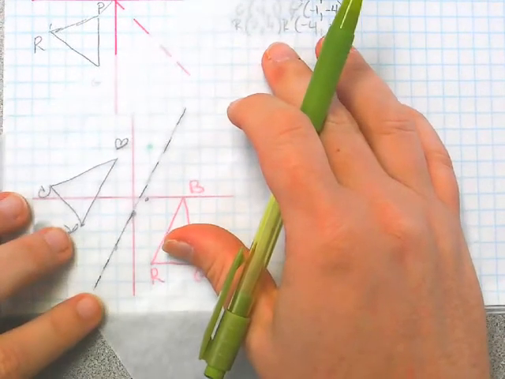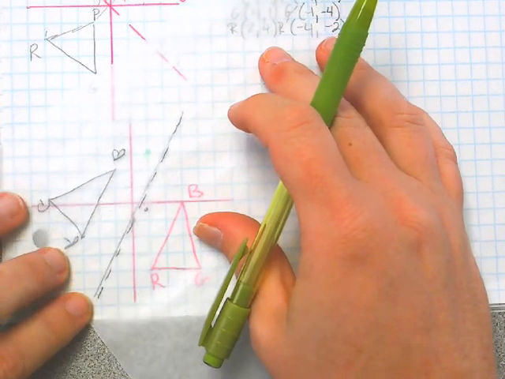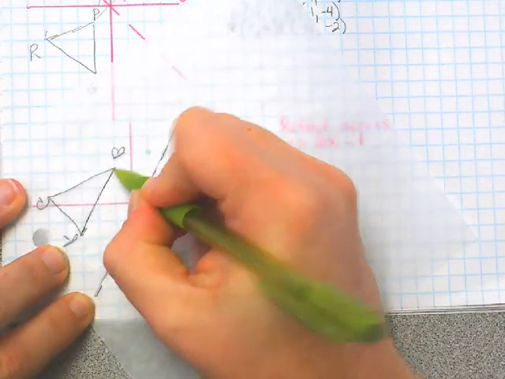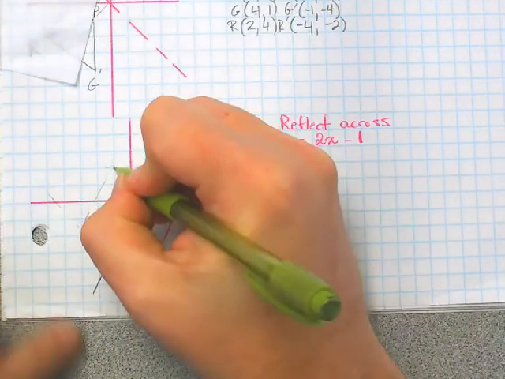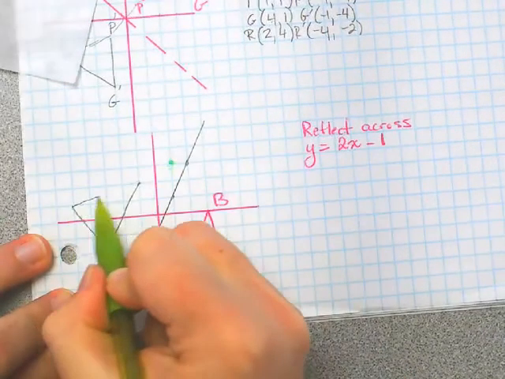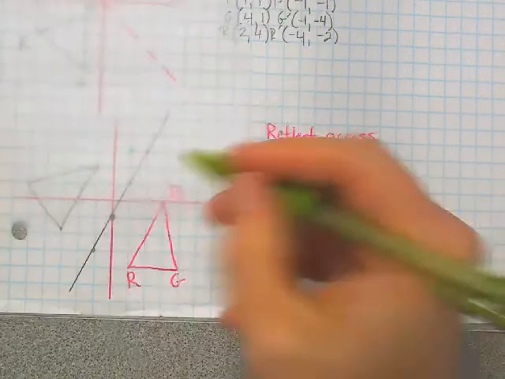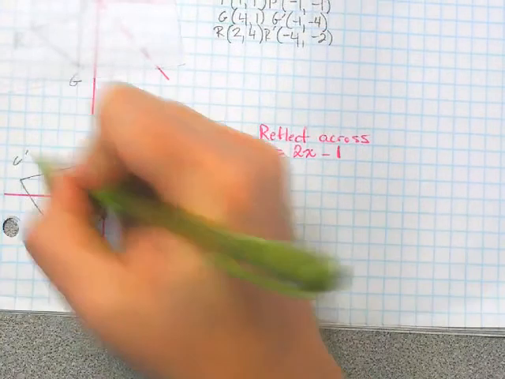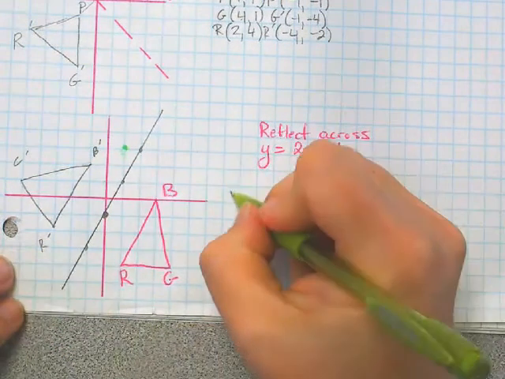So I'm going to reflect like so, and I wind up like this. You see the limits of patty paper because it's not super precise. This was B over here, so B prime, G prime, and R prime.